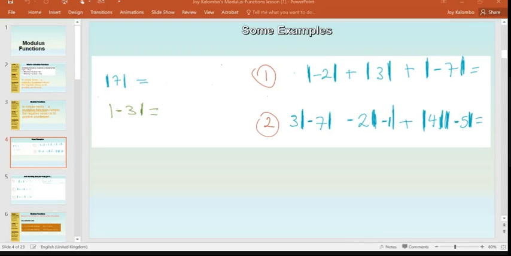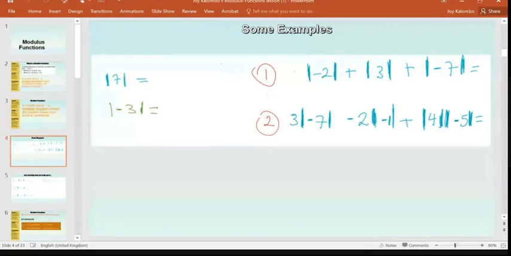Cool. So what have people got for, I know that was a lot more than 30 seconds, but it's okay. What have people got for number 1 and number 2? Any takers?